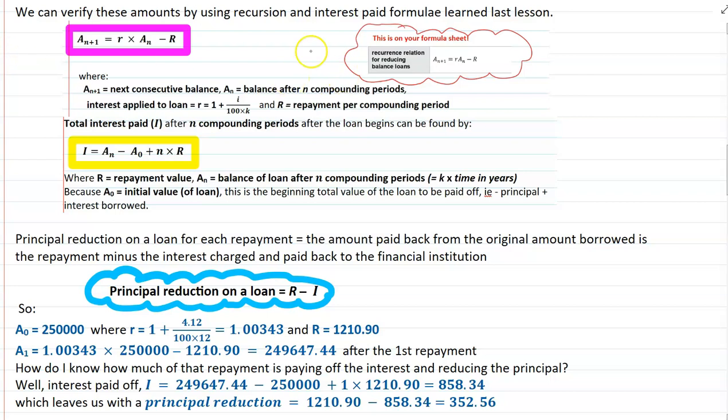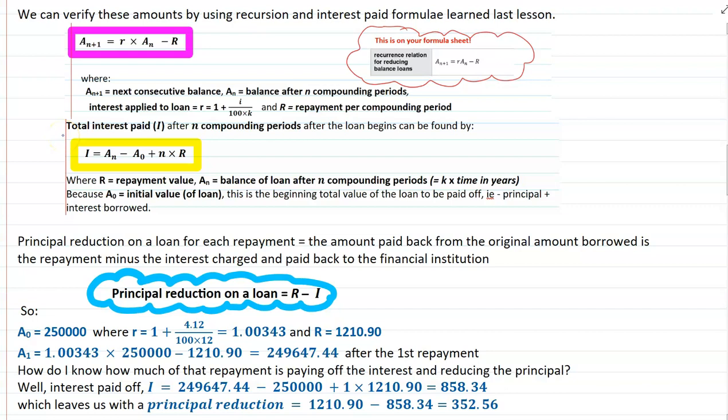Just a quick refresher, the recursion formula is on your formula sheet for reducing balance loans. So just remember that this gives us our next consecutive balance is equal to the interest applied on the loan multiplied by the previous balance, and we subtract our repayment value.